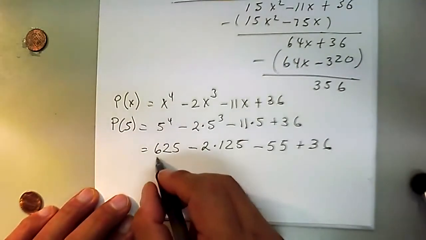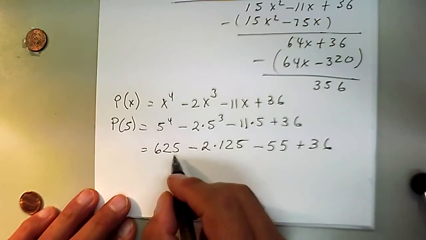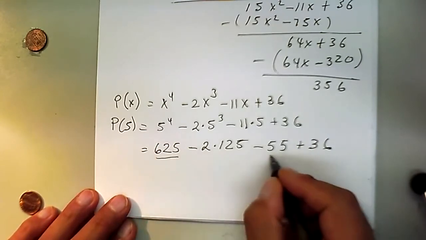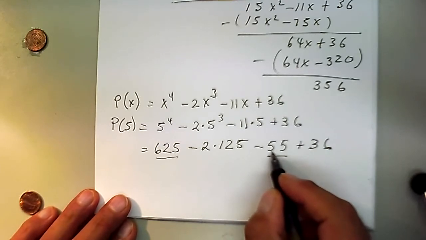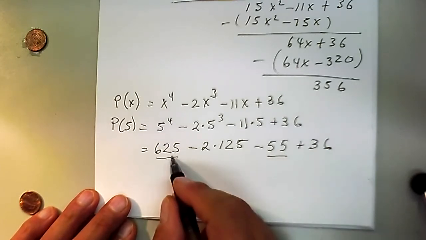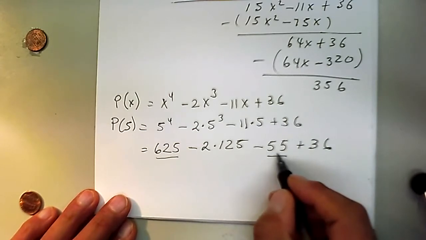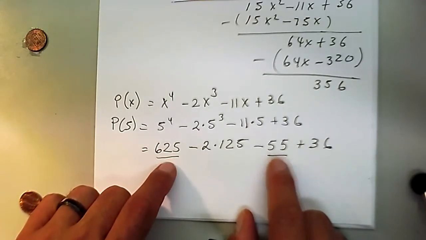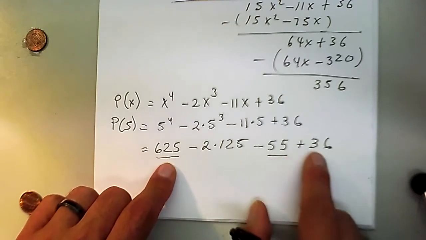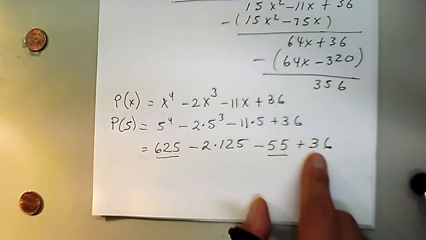Okay, we can probably start subtracting things. 625 minus 55, if we take 25, there's 30 left over. So that is 570. But then we're going to add 36. So we go to 606.